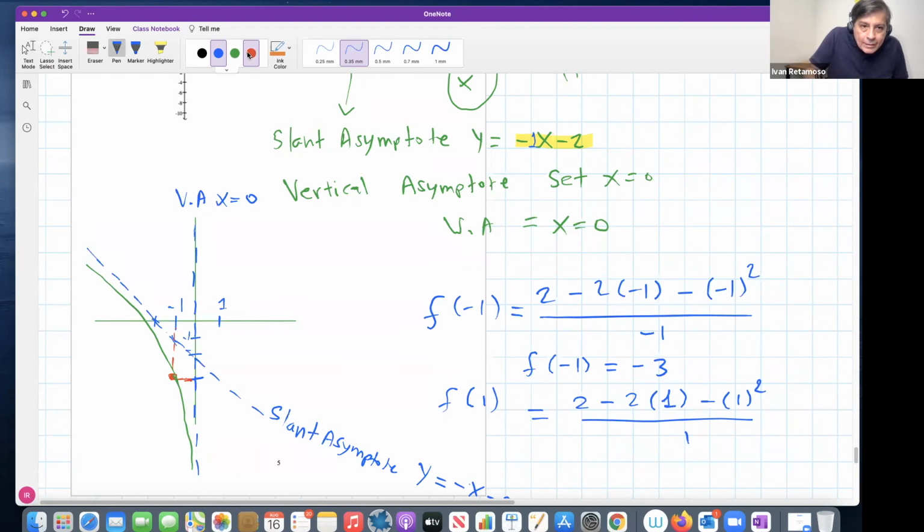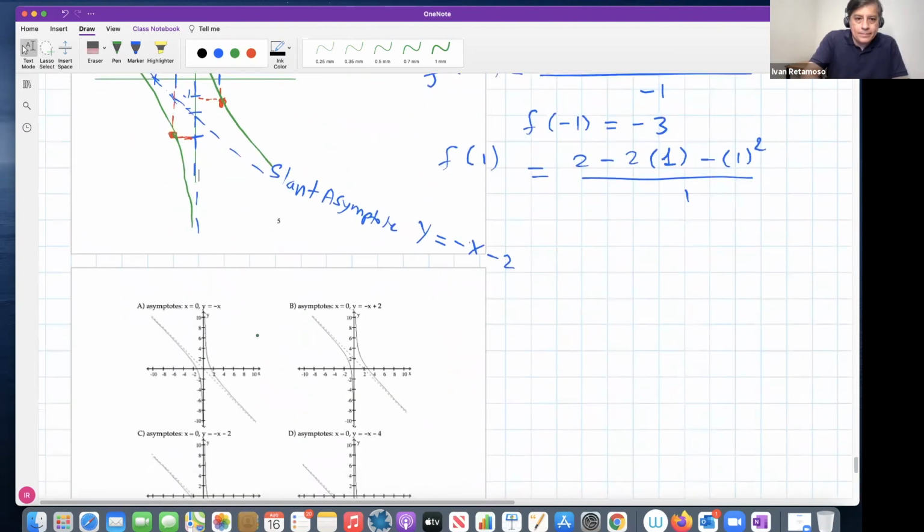So these are paired up. Minus 1 is paired up with 1, which is telling me that the curve I have to consider is this, right? Asymptotic here vertically and asymptotic here to this slant asymptote. So these two.